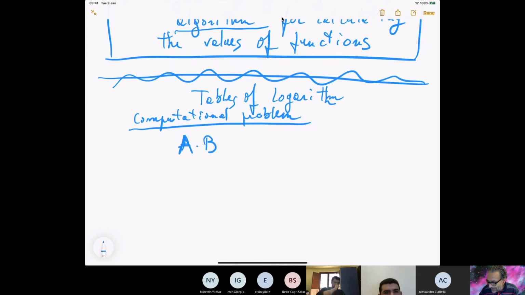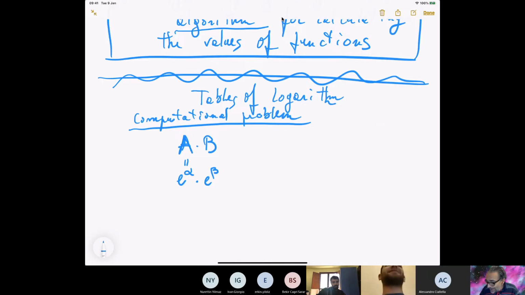So what to do? A is e to the power alpha, and B is e to the power beta. So you need the tables of logarithms for finding alpha and beta.